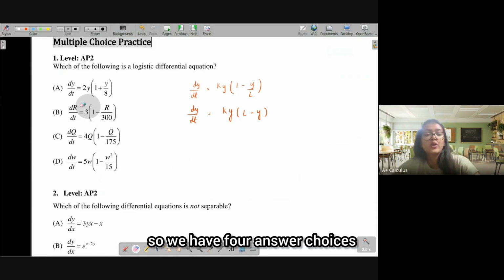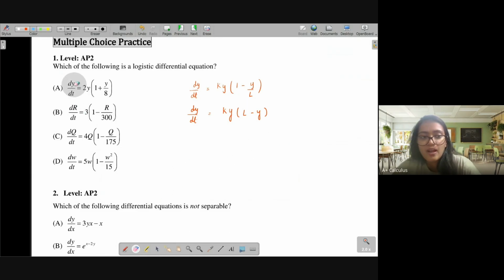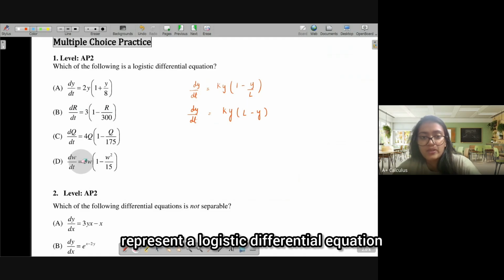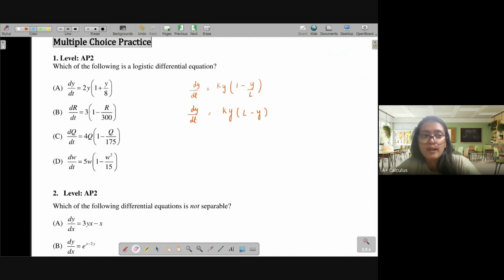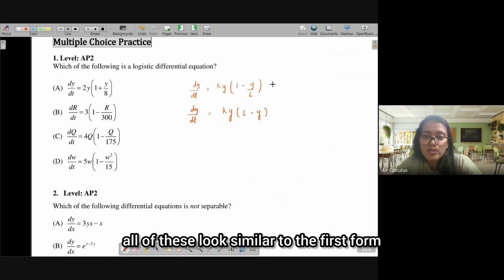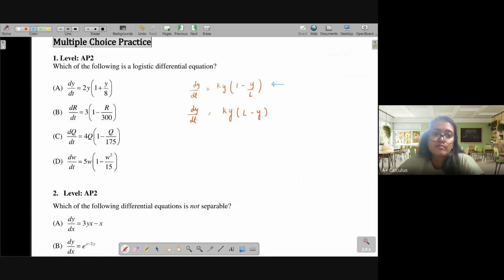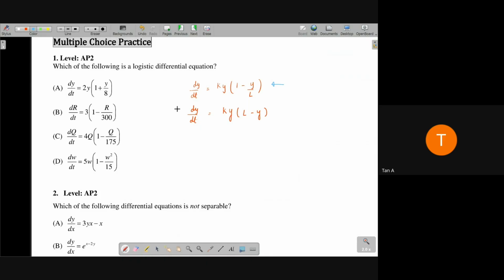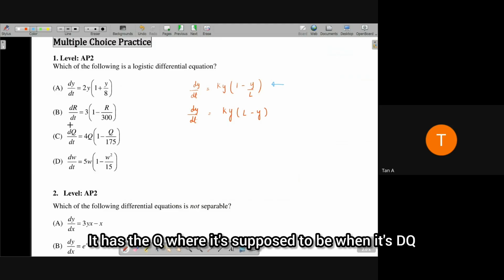Okay, so we have 4 answer choices. We have to see which of these answer choices represent a logistic differential equation. And I think all of these look similar to the first form. Yeah, they're all based on this. I was thinking it was C initially, and I still agree with that because it has a minus. It has the Q where it's supposed to be when it's dQ.